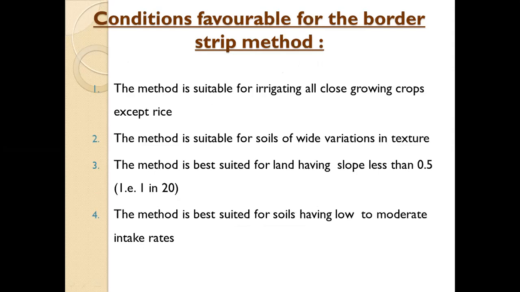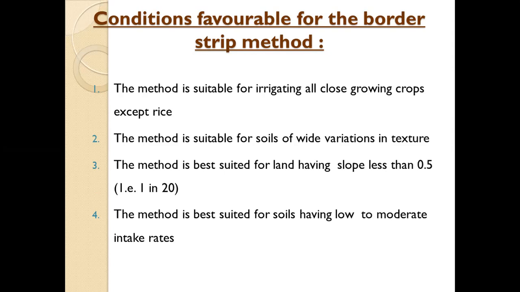Conditions favorable for the border strip method. This method is suitable for irrigating all close growing crops except rice. The method is suitable for soils of wide variation in texture. It is best suited for land having slope less than 0.5 percent. It is best suited for soils having low to moderate intake rates. So there are four conditions in favor of the border strip method.